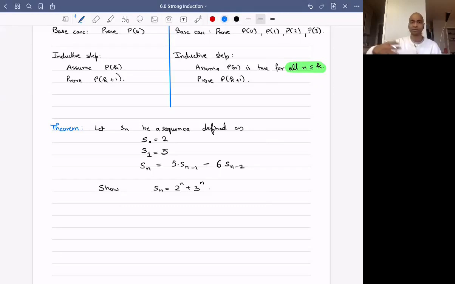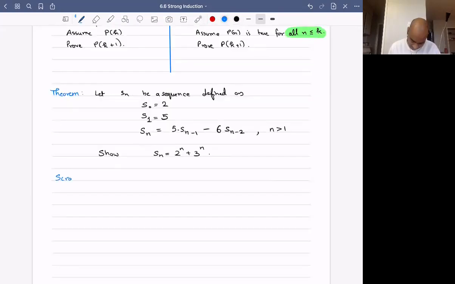Okay, and I'm just going to tell you that you have to do strong induction for this. One way to realize that you have to do strong induction is by noticing that you have S0 and S1 are separate, and then I should have said n greater than 1. And then you have a recurrence relation that only starts after 1. And so you have to do multiple base cases, and you have to do something more complicated.